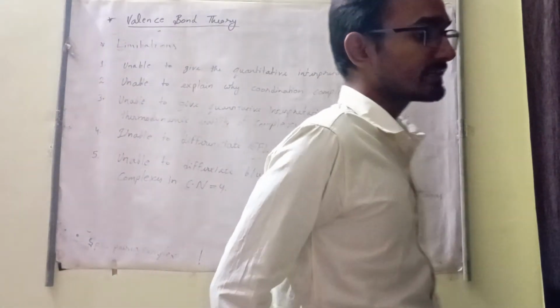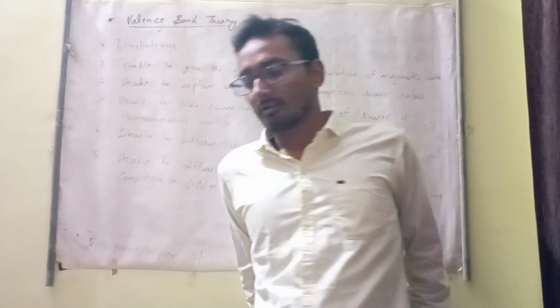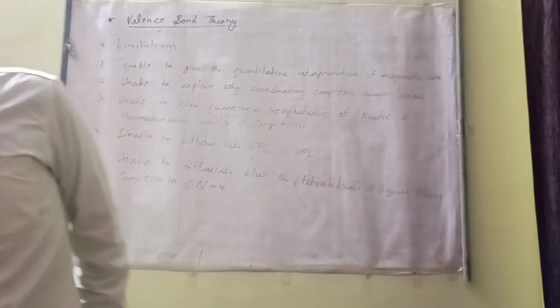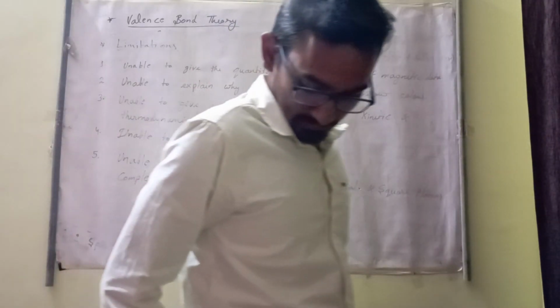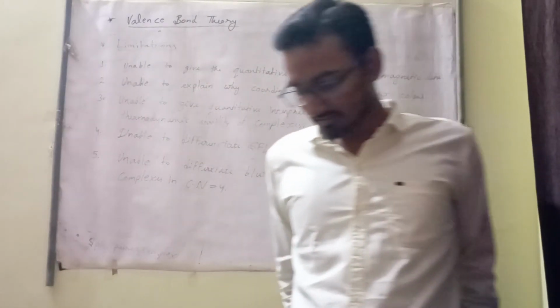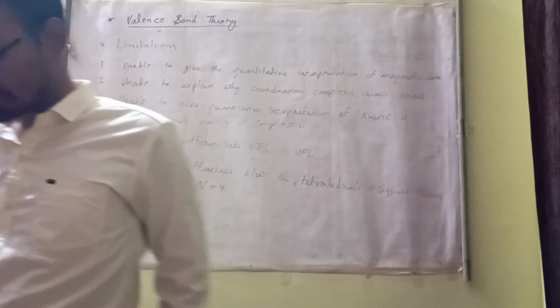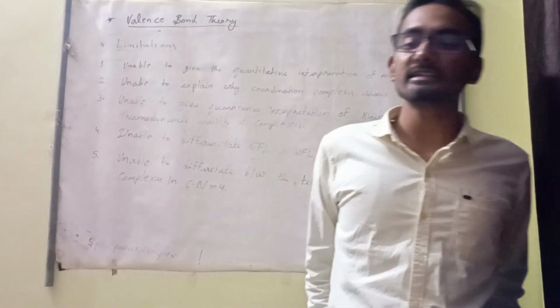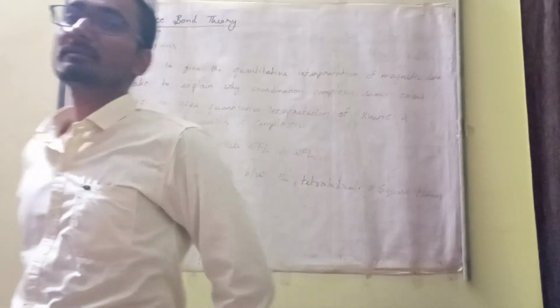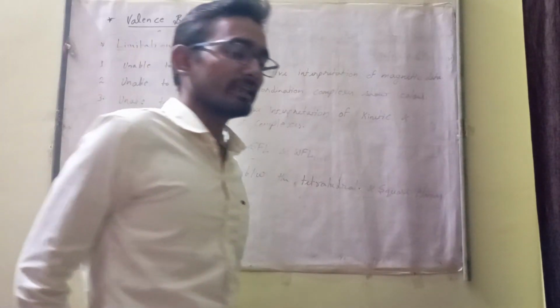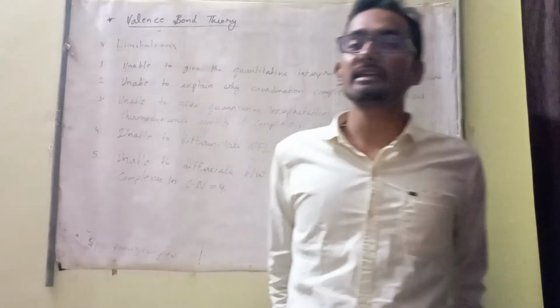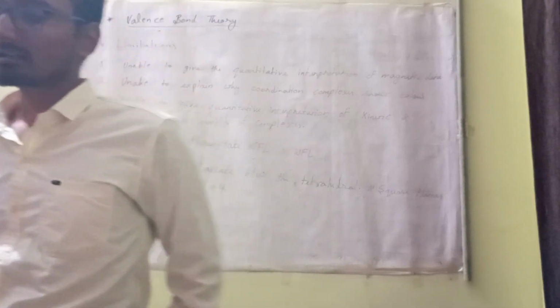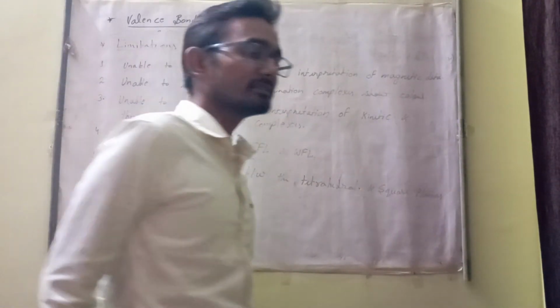Then we studied how valence bond theory involves the interactions between the metal and ligand. The interaction between the metal and ligand is purely covalent, and ns, np and nd orbitals are involved in the hybridization.